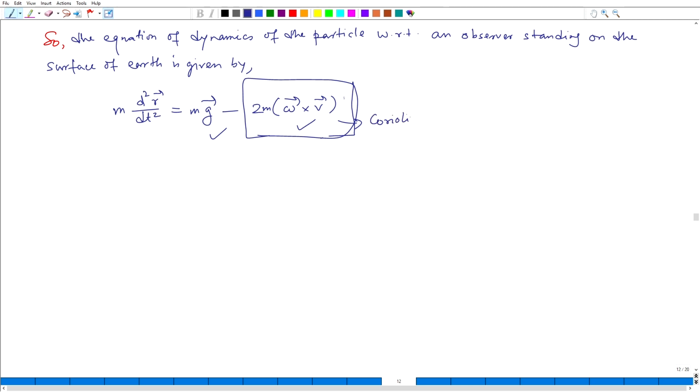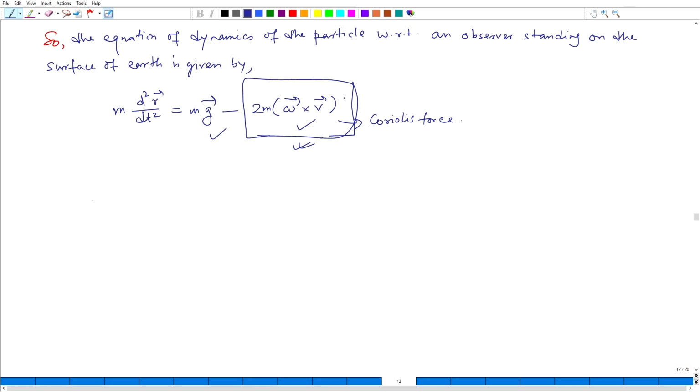That is why the effect of the Coriolis force is the most prominent one when we are studying the motion of a particle very close to the surface of earth. Okay. Just before wrapping up this lecture, I will do a little bit more.